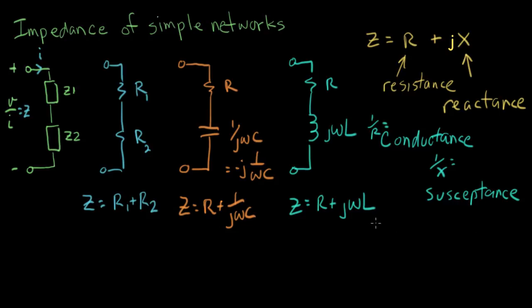And finally, we have another word for the inverse of impedance, the general idea of 1 over Z, and that's referred to as admittance. This is a little vocabulary. Admittance is the inverse of impedance. Susceptance is the inverse of reactance. And conductance is the inverse of resistance. These are all just every word we can think of that meant resist and let through.